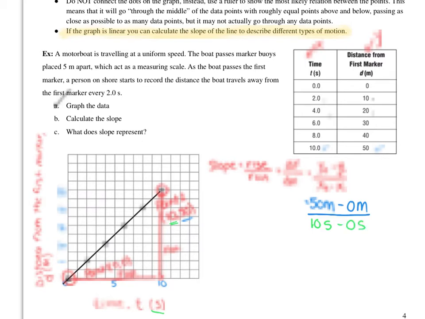Take away 0 seconds from our first point. When we calculate this, we get 50 meters over 10 seconds. And when we divide that, 50 divided by 10 is 5. I'm going to give it one more significant digit because of all of the data I was given. So 5 meters per second.